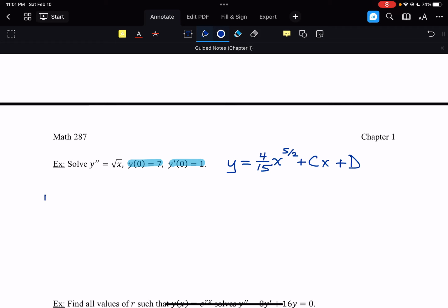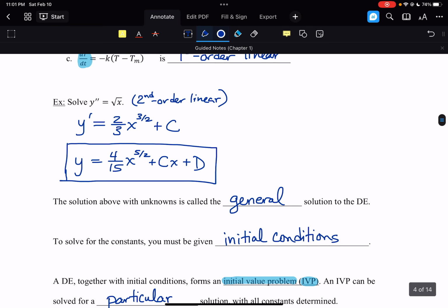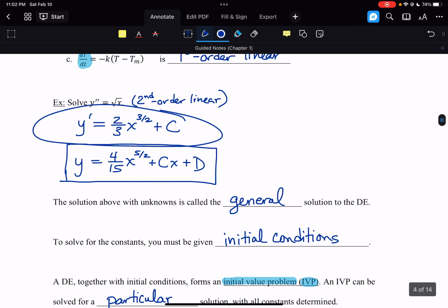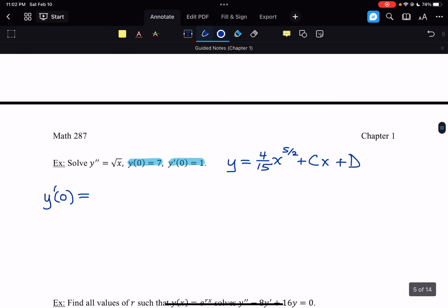So let's start with y prime of 0. If we go back up here, y prime was 2/3 x to the 3/2 plus c. So this is 2/3 times 0 to the 3/2 plus c equals 1.